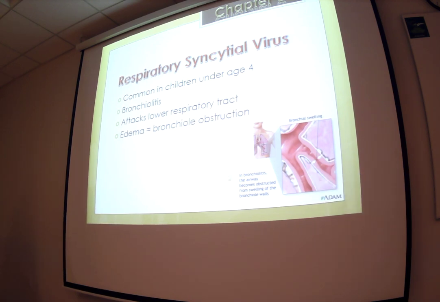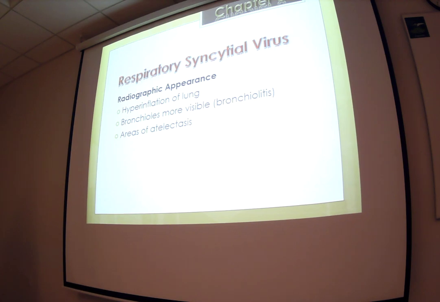Symptoms will include cold or flu-like symptoms, you'll see fever, headache, chills, coughing. It is transmitted through droplet. Radiographically, you'll see hyperinflation of the lungs, diffuse increased interstitial markings. The bronchioles will be more visible.